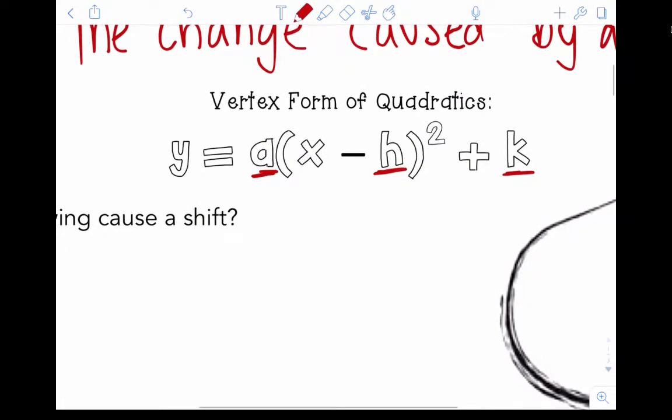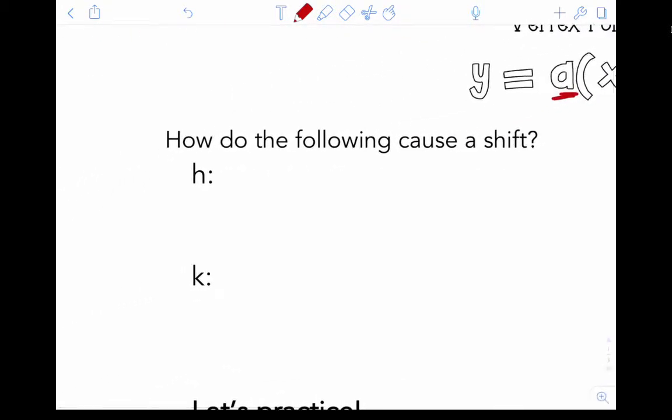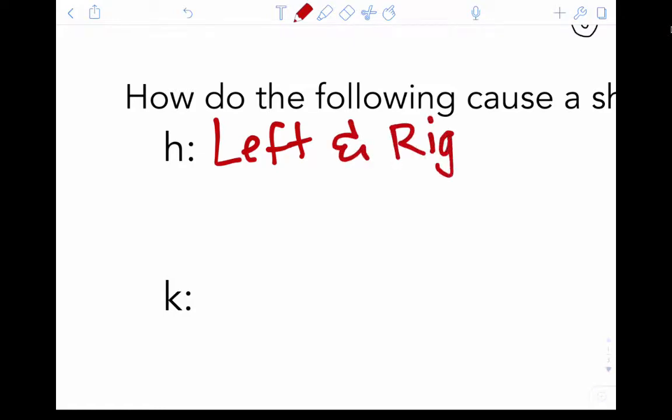Well, as we discovered in that previous activity, the h causes a left to right movement. This makes sense because h is the x value of the vertex. So if the x value of the vertex is changing, then that means this is moving left to right. So what exactly happens? If the h is positive, or if it has an increase, then that means it's going to move left.